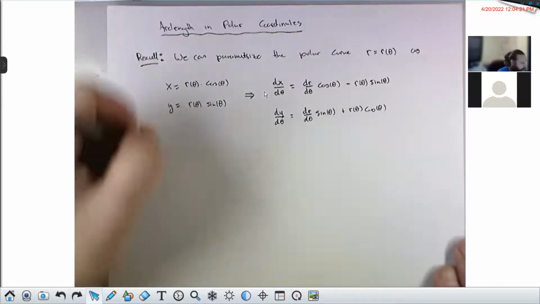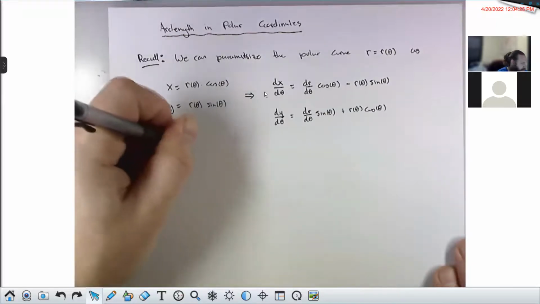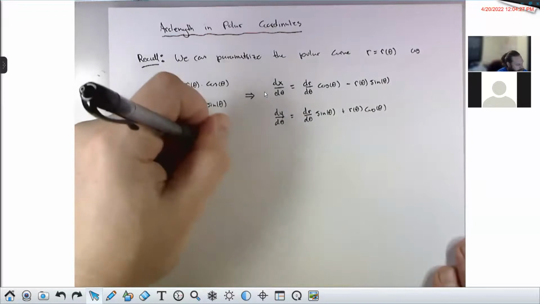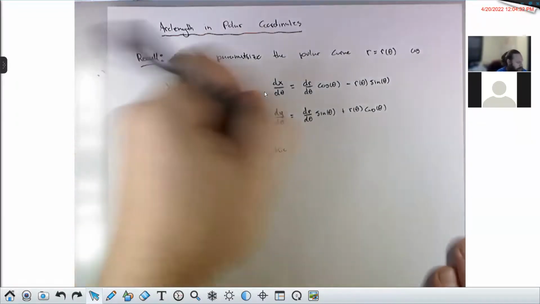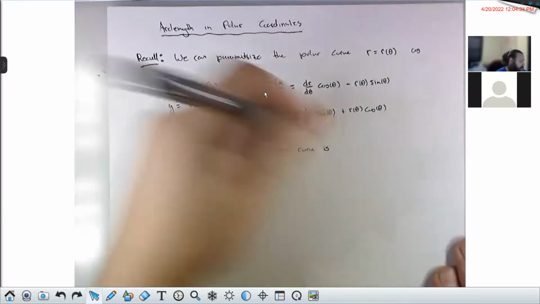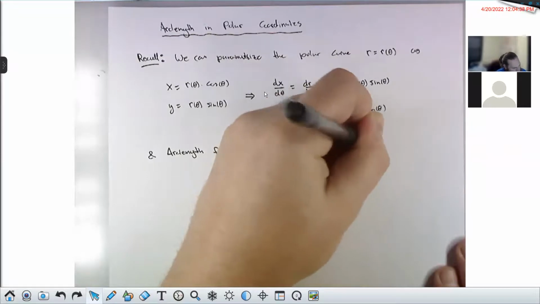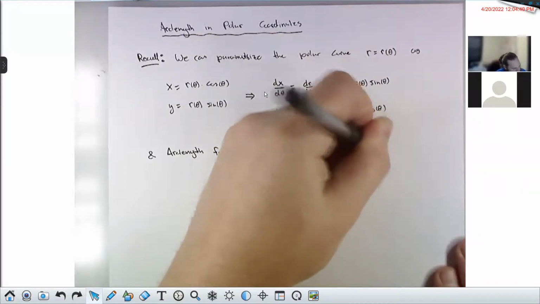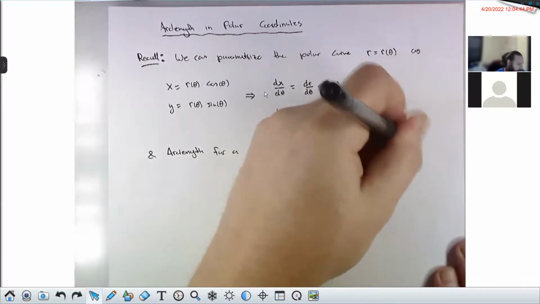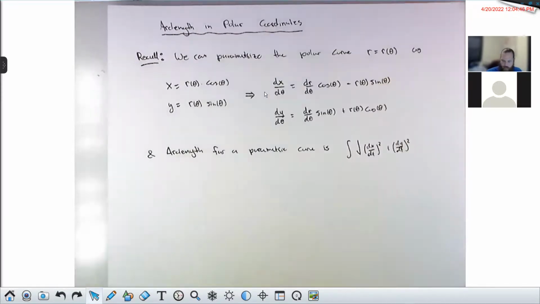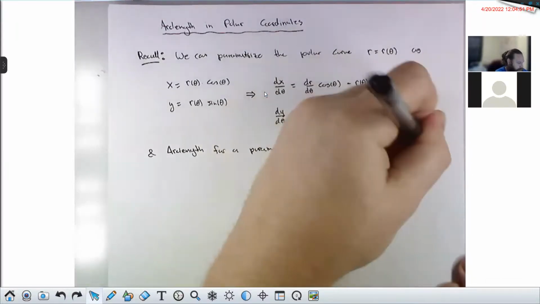We know the arc length for a parametric curve is the integral of the square root of dx dt squared plus dy dt squared dt.